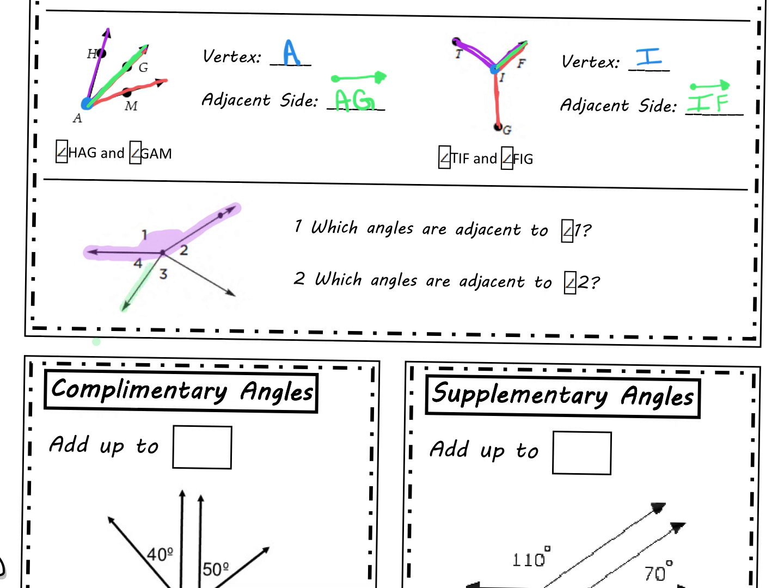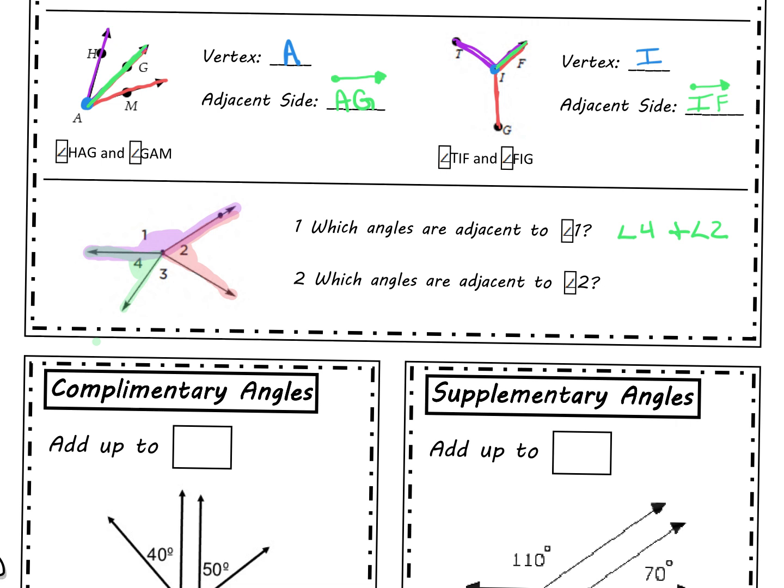Our first adjacent angle here is going to be angle 4 because it is right next to it. And then our other adjacent angle is going to be angle 2 right here. All right, so we can say that angle 4 and angle 2 are adjacent.